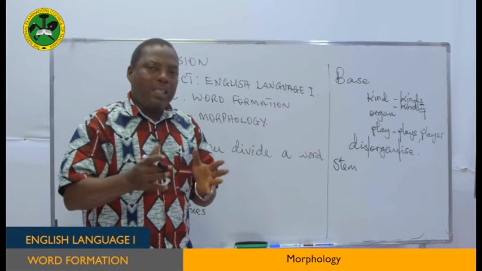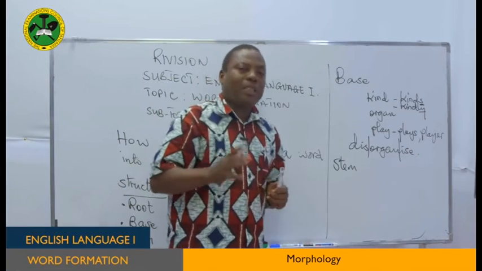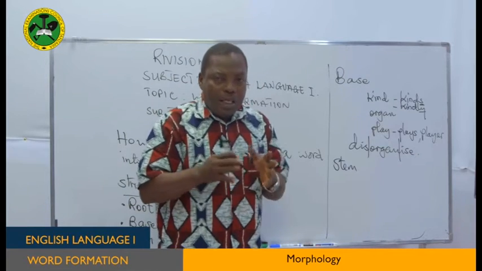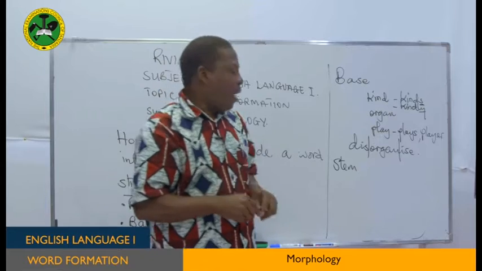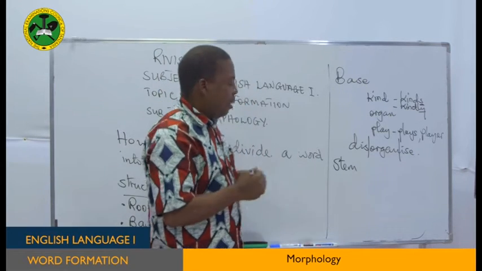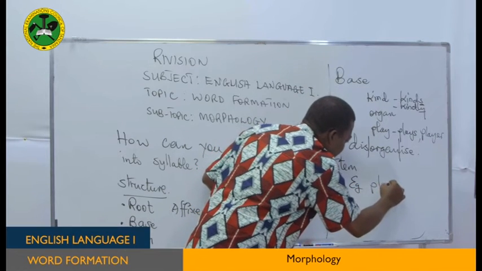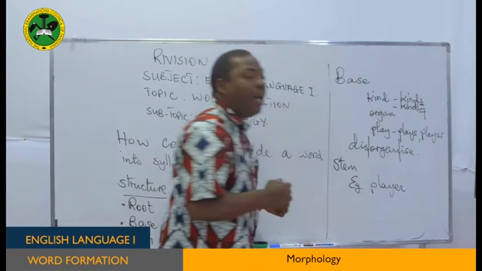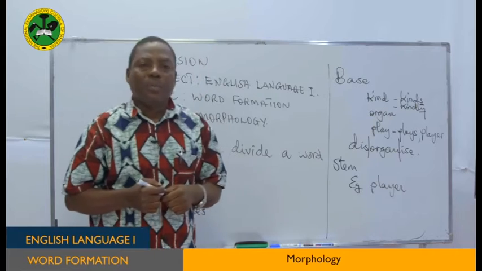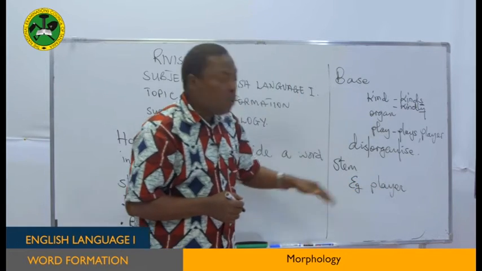Once a word has a possibility of accepting derivational attachment, then that word cannot qualify to be a stem. For example, we had the word player. So this word player qualifies to be a stem.